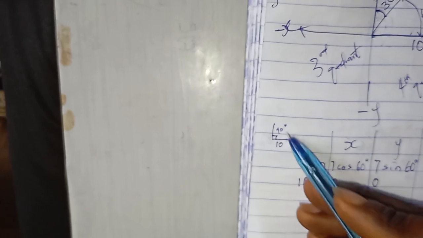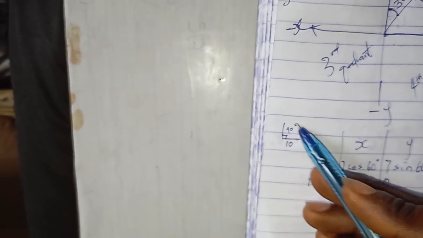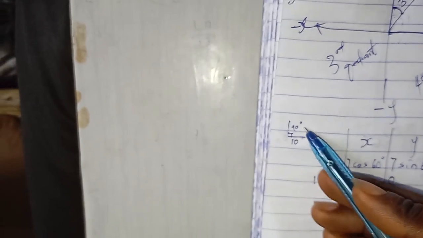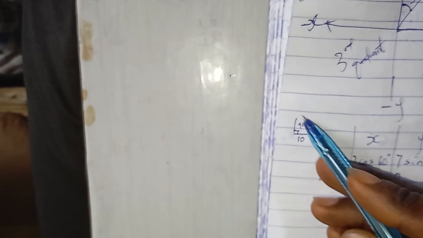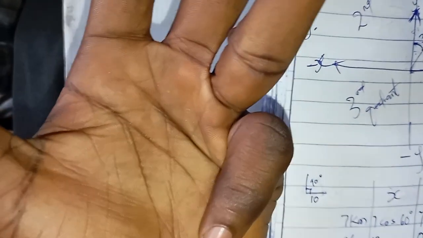We can say on the x-axis, let's say we are trying to take this 10 to the y-axis. You see that we are going towards the angle. Taking this from x to y, we are going towards the angle, so it will be cos. And cos 90 is going to be 0.